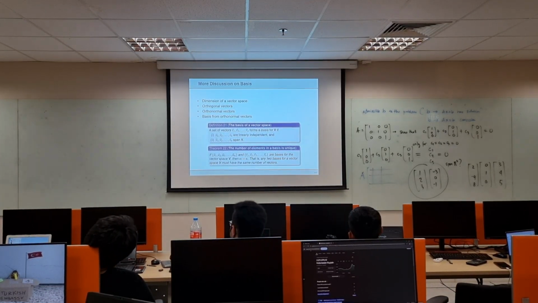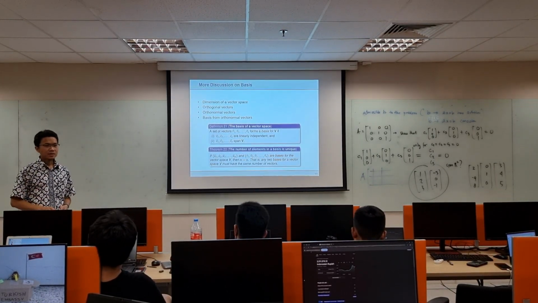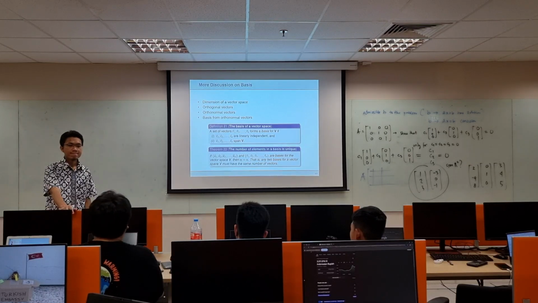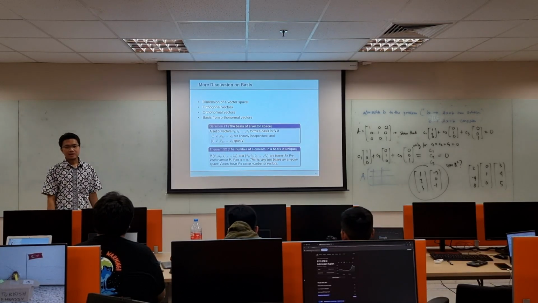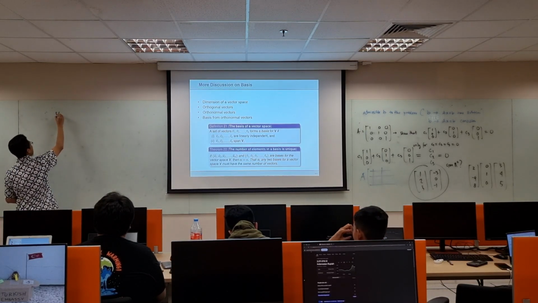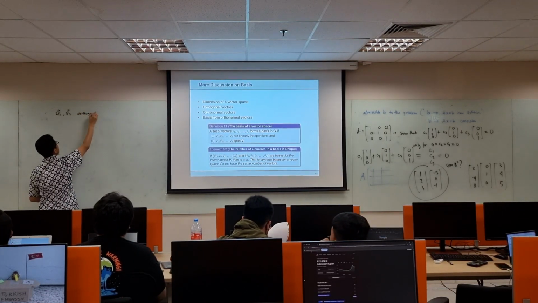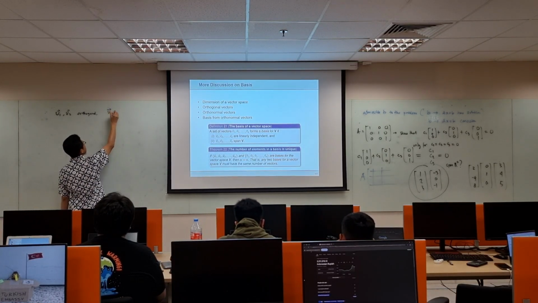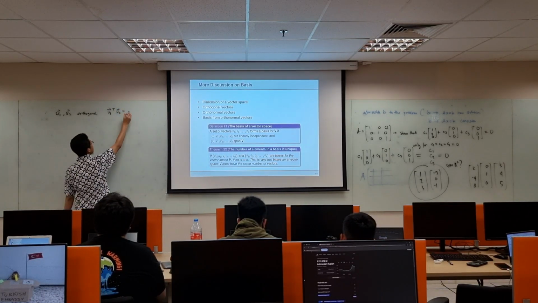Okay, now about the orthogonal vectors. Just now, some of you were discussing what orthogonal vectors are. What is your answer? Two vectors that are perpendicular. Yes, orthogonal vectors are vectors that are perpendicular to each other. If I say V1, V2 orthogonal, then it means that the dot product of V1 and V2 is 0.